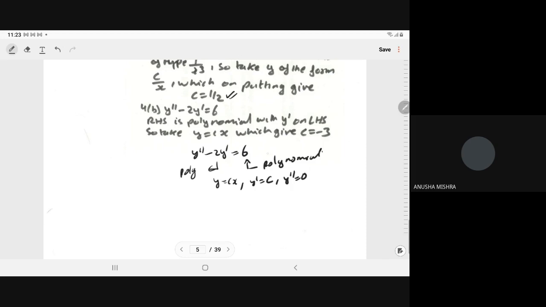So when we put it here, it will become 0 minus 2cx is equal to 6. Right? So c is equal to... no, 2c is equal to 6. So c will come minus 3. So in that case, you can say that y is equal to minus 3x.